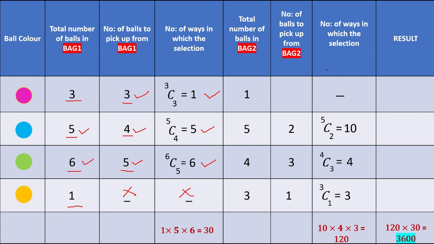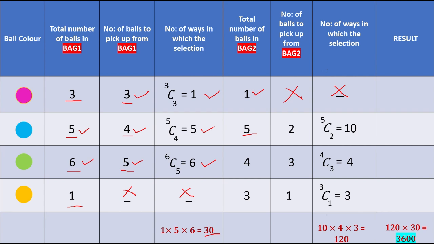Now let's look at bag 2. There is 1 pink ball in bag 2 and we are not asked to pick up any of the pink balls. So there is no need to count the number of ways. Okay. There are 5 blue balls and we are asked to pick up 2 of them.